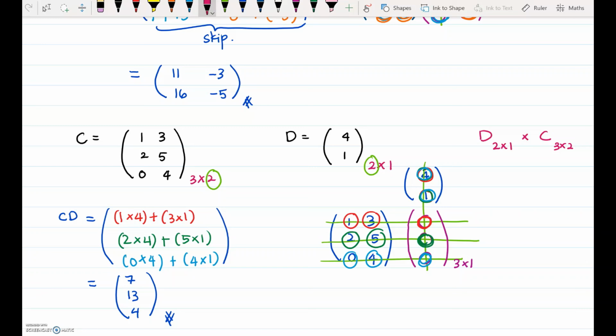Can you perform the matrix multiplication? No, you cannot, because the number of columns of D is not equal to the number of rows in C. So there is no possible solution, or there is no solution.